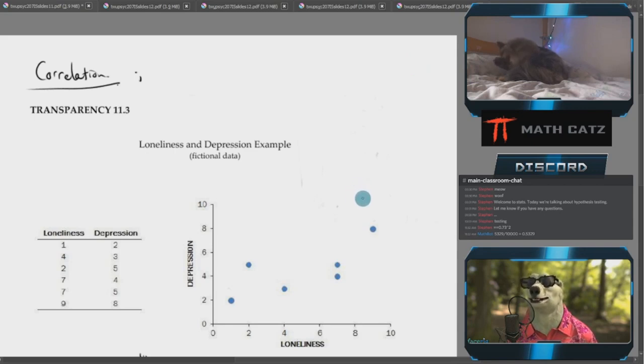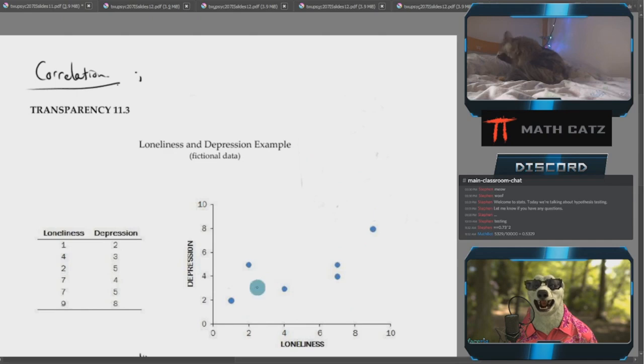So if you remember what we talked about in correlation, our very first example, where we compared loneliness and depression, we talked about correlation. And now a follow-up to that is when we look at these data points and we look at a correlation, suspected correlation, whether it's significant or not, that's something we do need to check in this process.